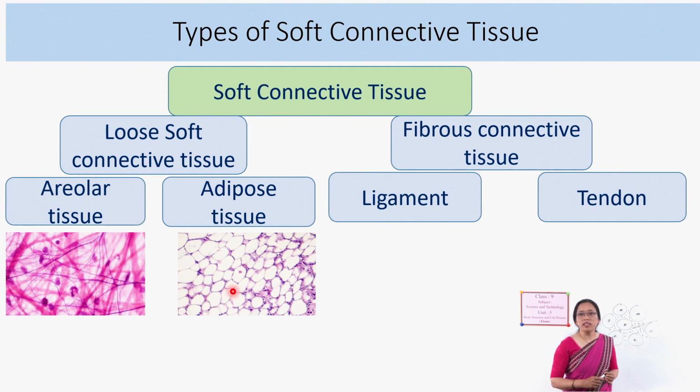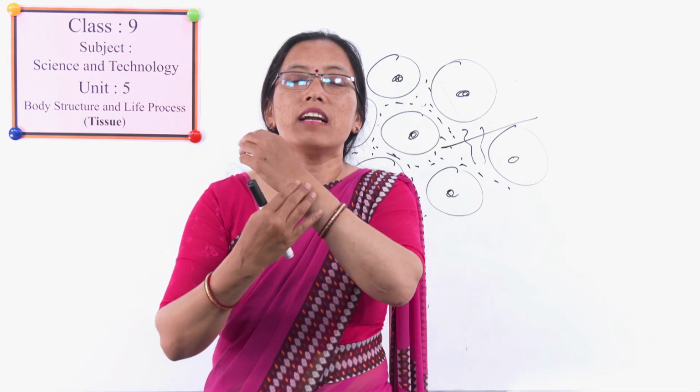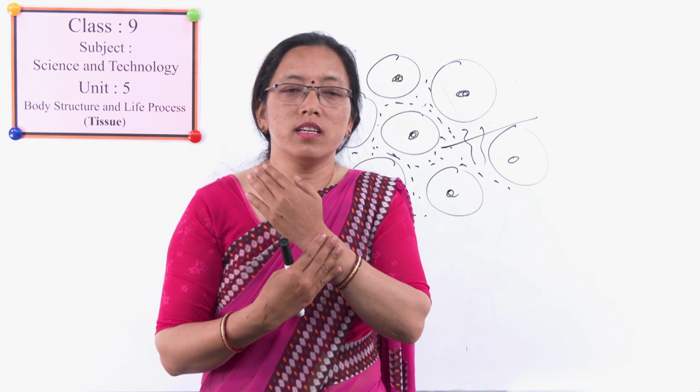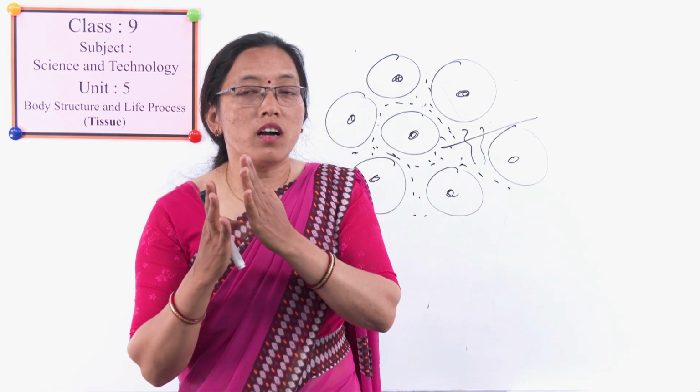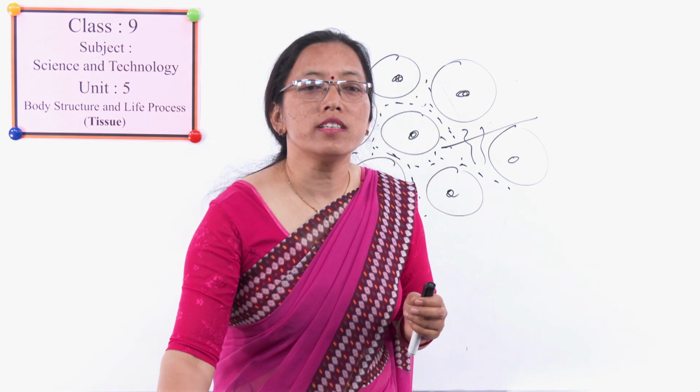What are areolar tissue and what are adipose tissue? Areolar tissue means those connective tissues which are present between the skin and muscles, which connect skin with the muscles and which do not contain any fat substance. That is called areolar tissue.